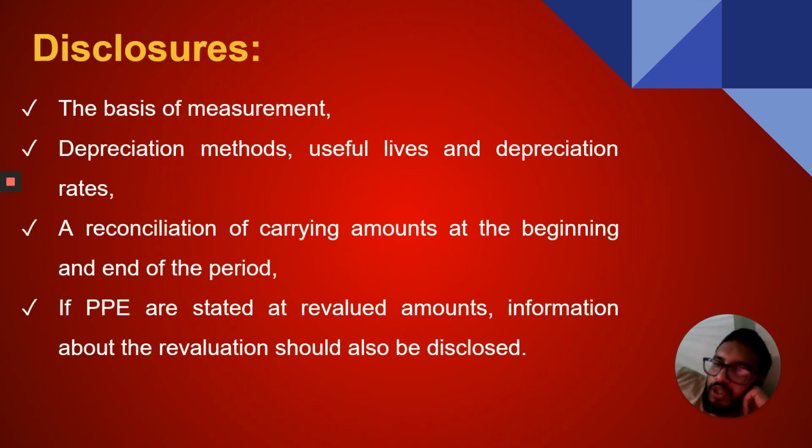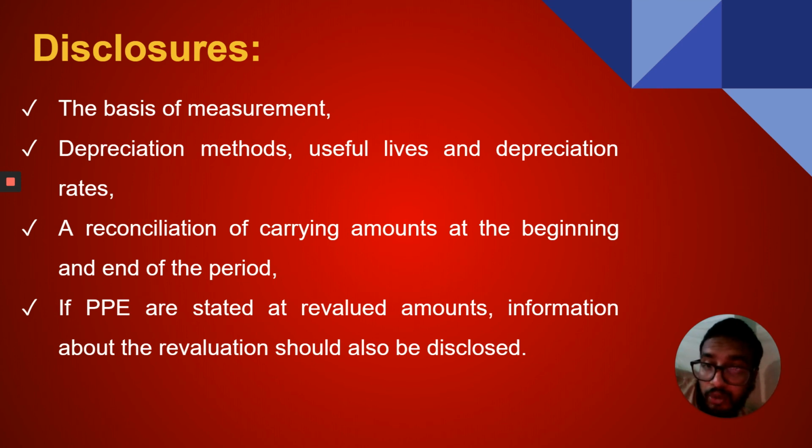For disclosure, you will need to disclose your basis of measurement. And when you're depreciating, you'll need to show its useful life, the depreciation rate, and the depreciation method used. You'll also need to provide a reconciliation of carrying amount at the beginning and the end of the period in the notes.